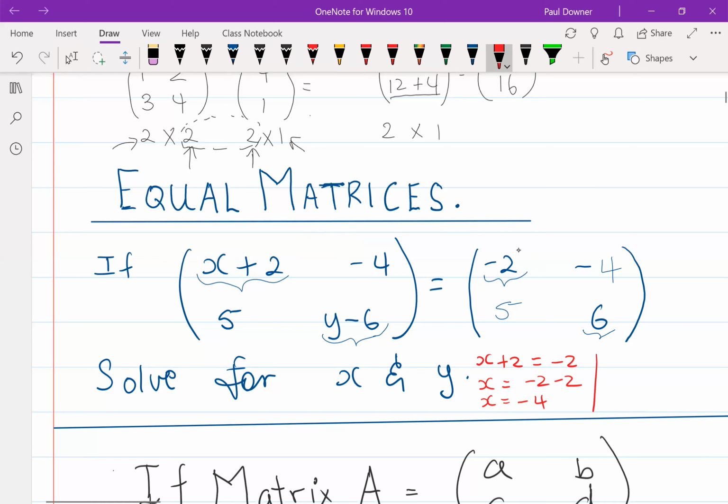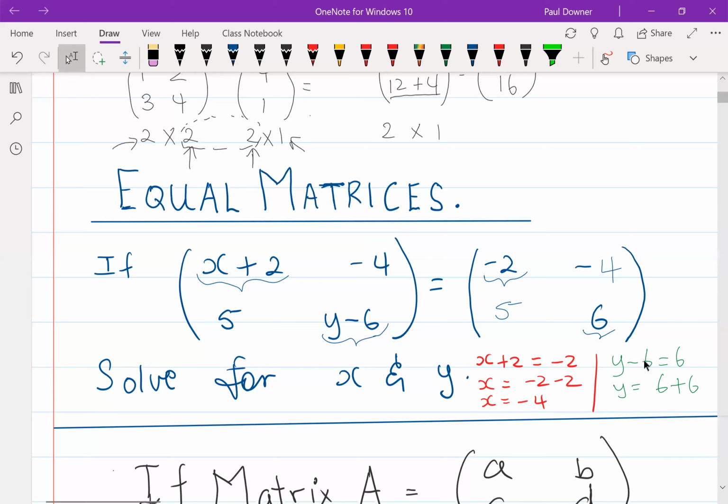The next one was this one: y minus 6 must be equal to 6. So let's work out that. If y minus 6 must be equal to 6 from equating these two, it means that y must be equal to 6 plus 6, by adding 6 here and here.